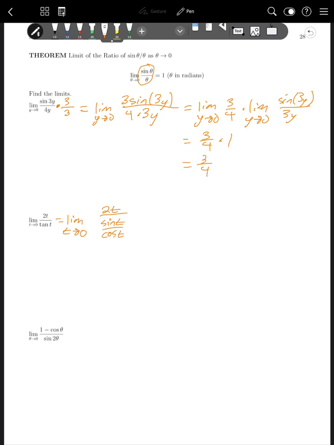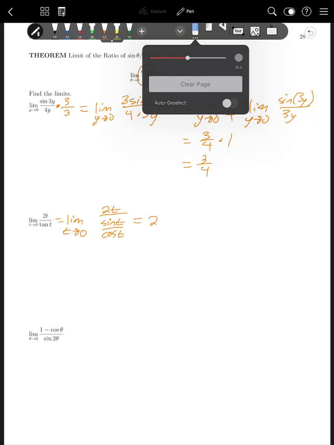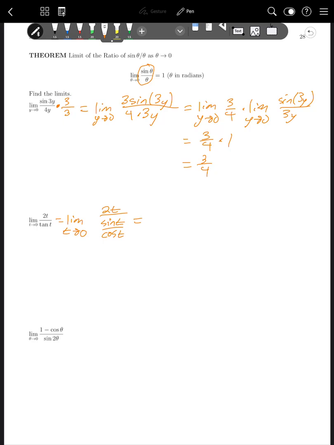Okay. So we're dividing by a fraction, which is the same as multiplying by the reciprocal. So this would be the limit as t approaches 0 of 2t times cosine t over sine t.